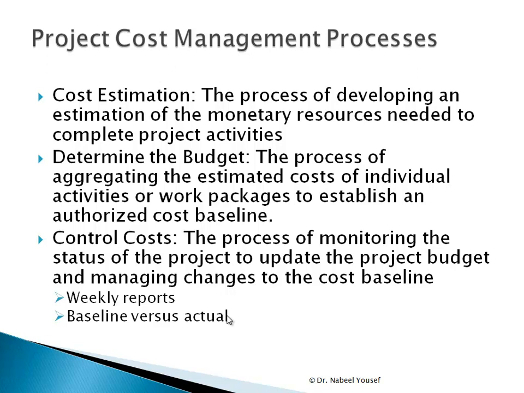Determining the budget is the process of aggregating the estimated cost of the individual activities or work packages from the first process to establish the authorized cost baseline for the total project. Once we determine the budget and have the cost estimate for each activity, we start executing the project with control of that cost.